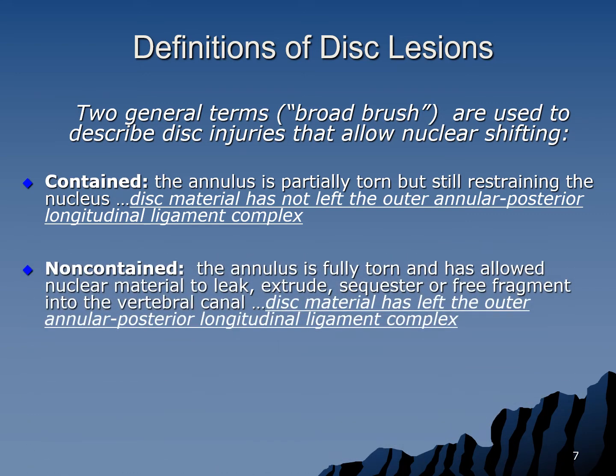And then we have non-contained, and this is where the annulus is fully torn and has allowed nuclear material to leak out. And we'll show you examples of this, but that material can extrude, sequester, or free fragment into the vertebral canal or the neuroforaminal space. That's where the roots exist. But in essence, what we're saying here is the disc material has left the outer annular posterior longitudinal ligament complex.